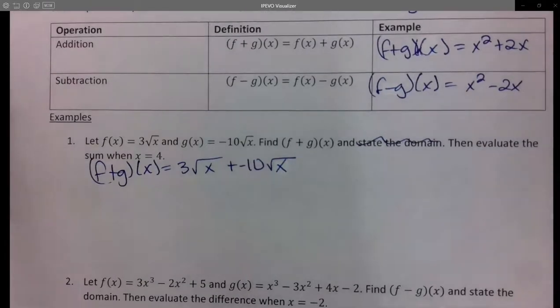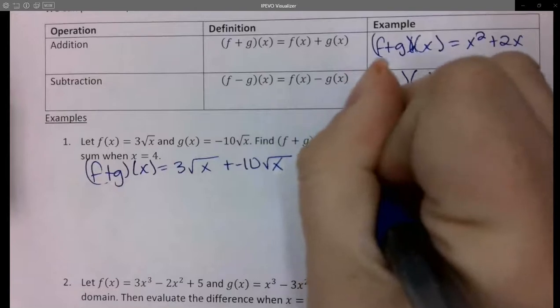Okay, so then since they're both square root of x's, I can add them together. 3 minus 10 gives me negative 7.